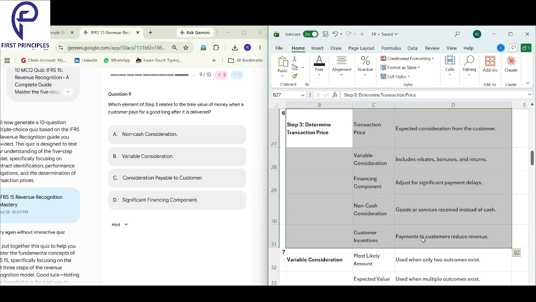Yeah, best guess. Anybody? Any answer on this?